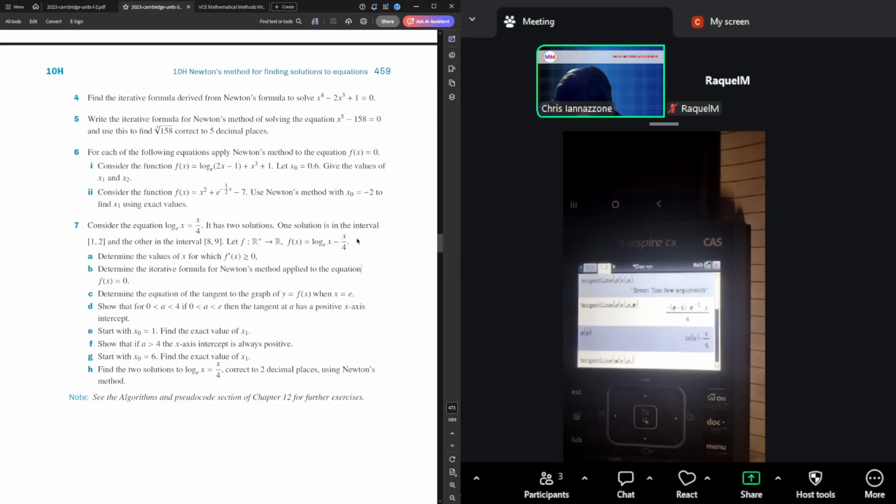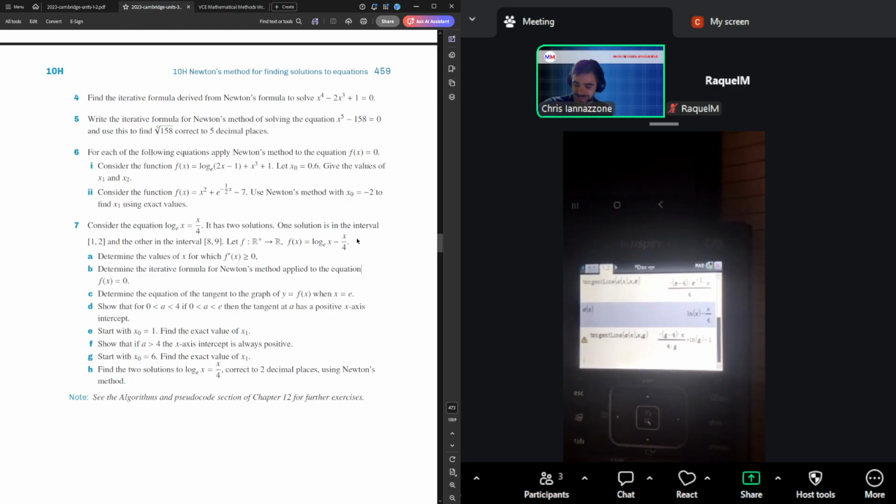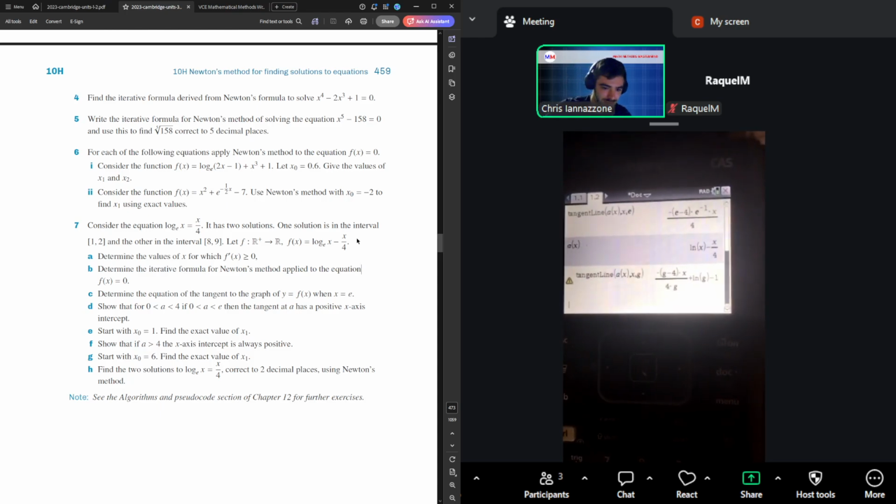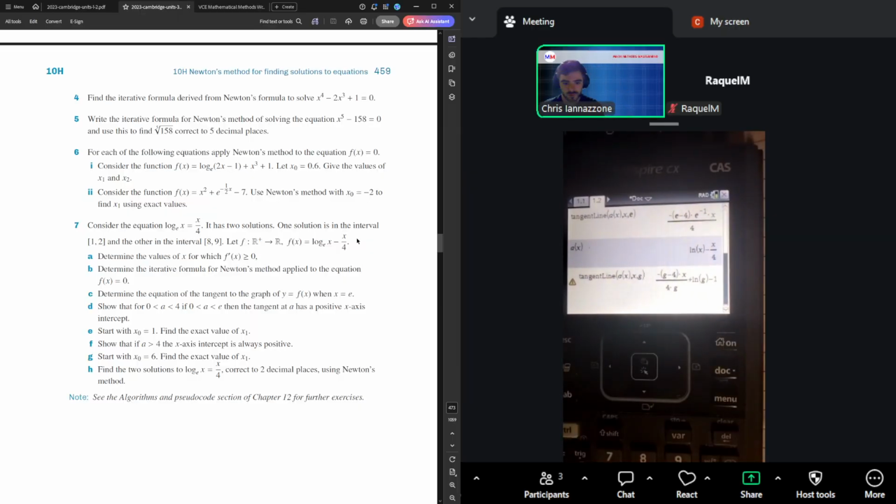I can't actually type a because we've redefined it, so our tangent is now going to be at g. We'll just use that one. And that gives us the generic tangent line formula for any g that we plug in. As soon as I replace g with anything between 0 and 4 or 0 to e, I should therefore get the x-intercept, and it should also be positive.